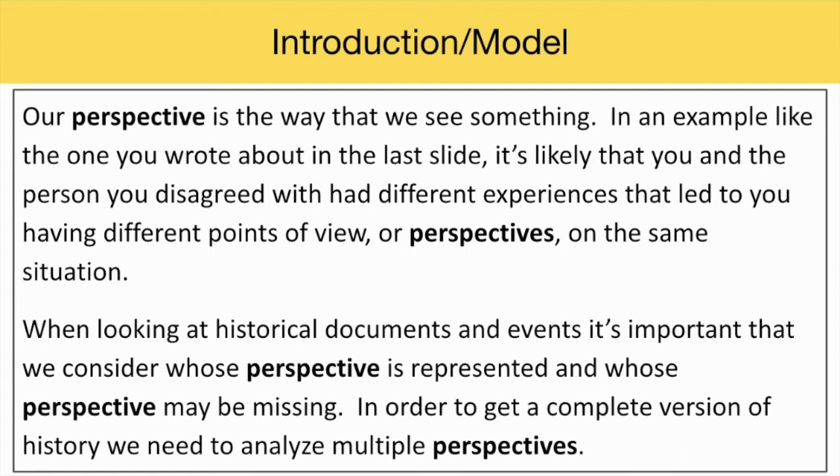In an example like the one you wrote about in the last slide, it's likely that you and the person you disagreed with had different experiences, which led to you having different points of view or perspectives on the same situation. When looking at historical documents and events, it's important that we consider whose perspective is represented and whose perspective may be missing. In order to get a complete version of history, we need to analyze multiple perspectives.